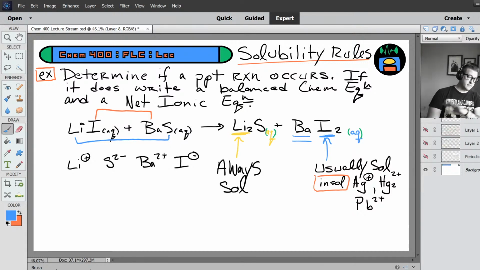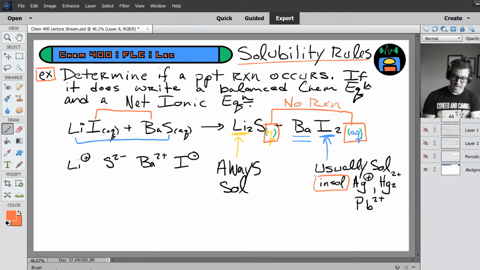It doesn't matter now if you're going, wait a minute. Because both of the products are aqueous, there is no reaction, and we don't have to do any more work. No reaction, we're done.